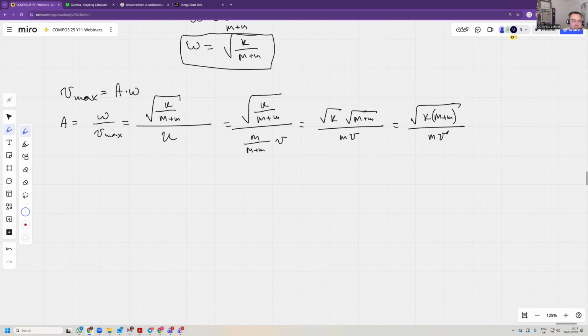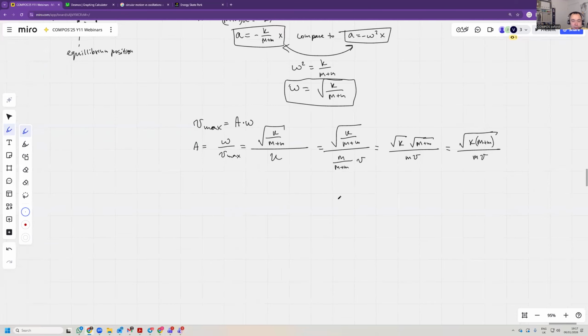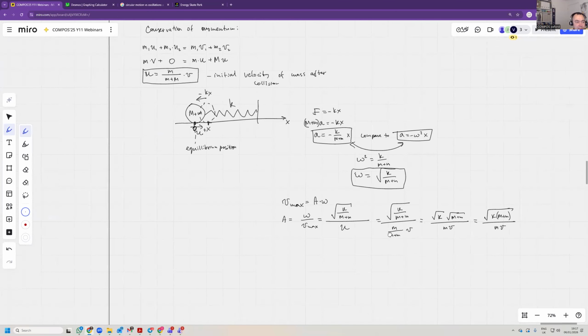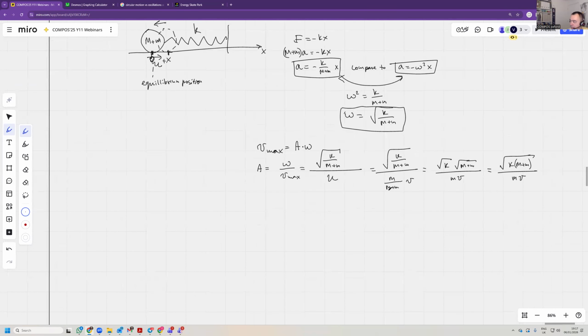Okay, that's the amplitude. And we need the initial phase.